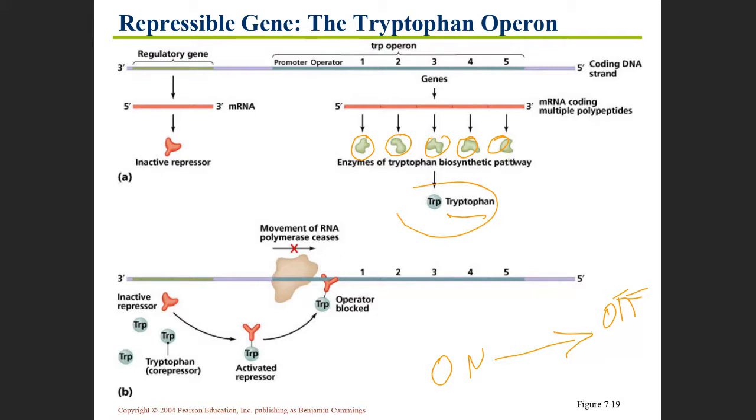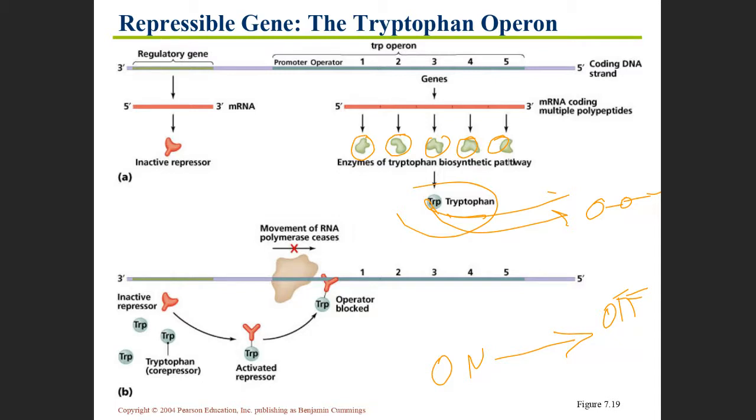So normally, the cell is in a continuous need of tryptophan. So it's making tryptophan and immediately uses it in the proteins that it's making. So there's never enough tryptophan around. Because there's never enough of it around, the cell keeps making more.